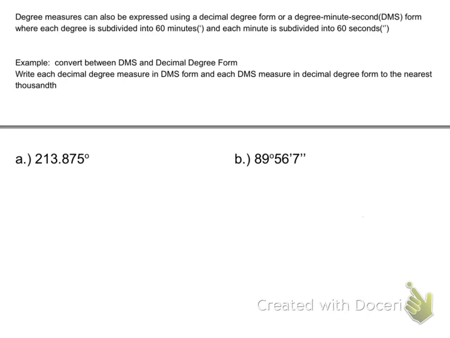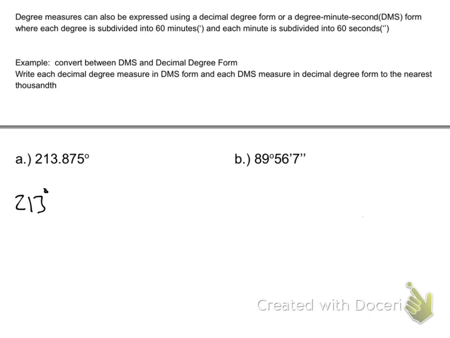Okay. So how do I switch between these? Well, first of all, 213 is a nice whole number. That's how many full degrees you would go. So that's pretty easy. I can say, hey, that's 213 degrees. The way we're going to handle the second part, that decimal, is if you look above, it says each degree is subdivided into 60 minutes.